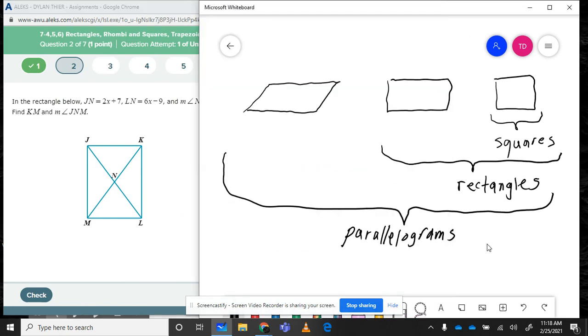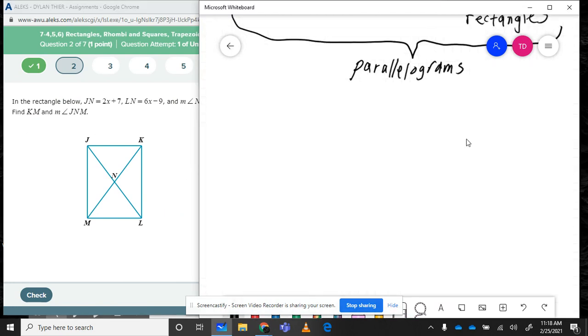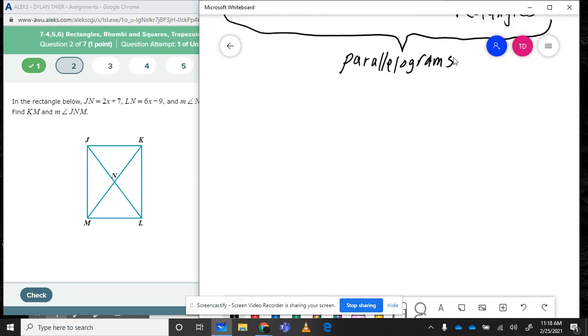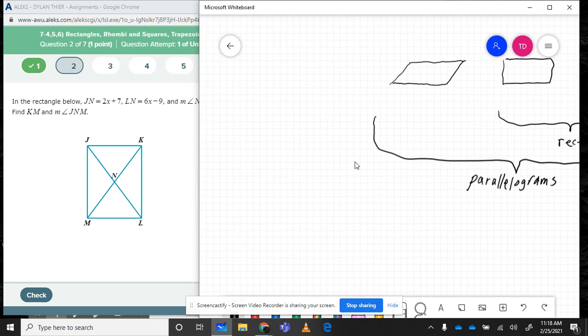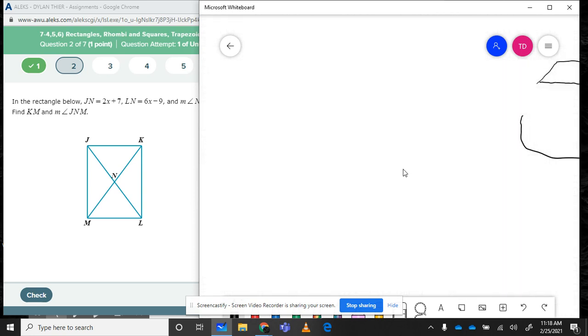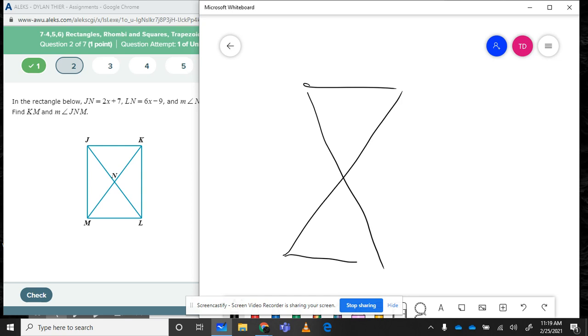Okay, this one has us trying to solve a few things. So let's go through and see what we can label on here, first of all. They're going to give us some information here, such as Jn is 2x plus 7.